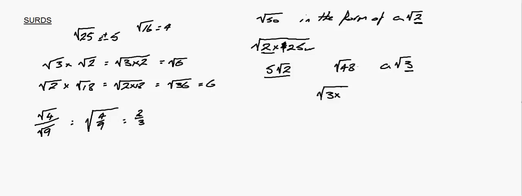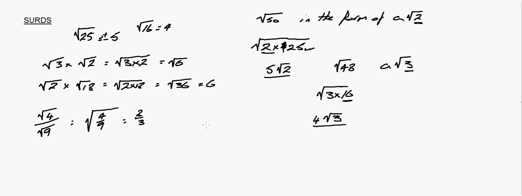So all I do is I divide 48 by 3, which gives me 16. Again, a square number. I know the square root of 16 is 4, so this comes outside of the root sign, leaving the root 3 inside, which is what they want. So here we can say a is 4.